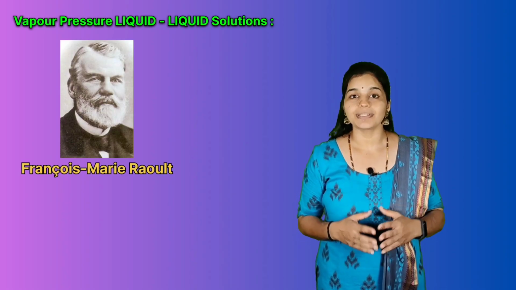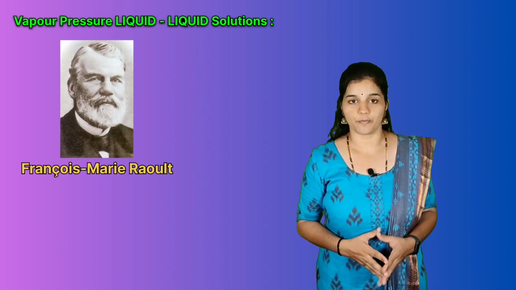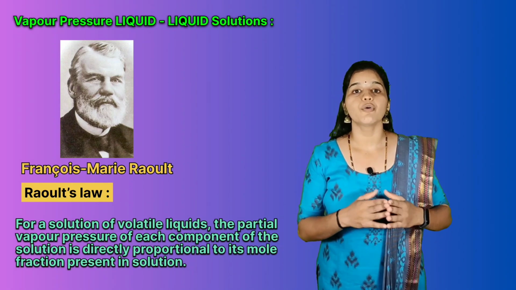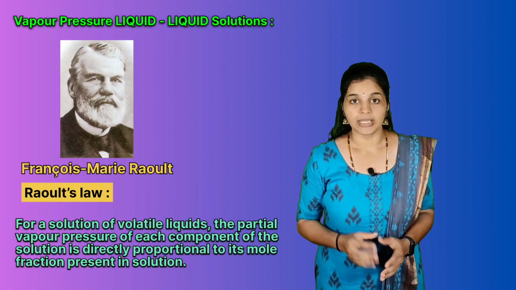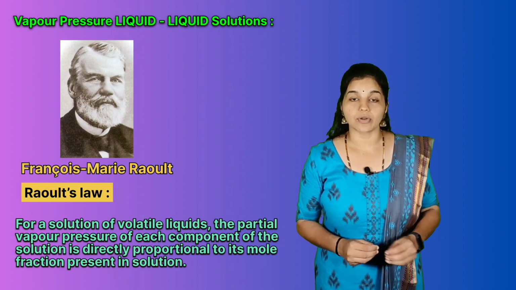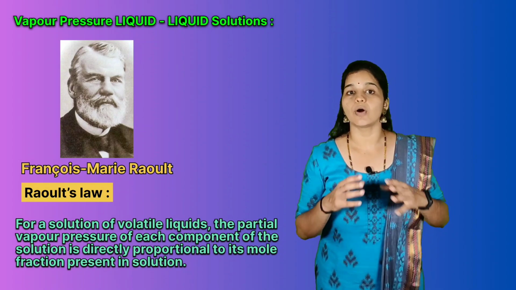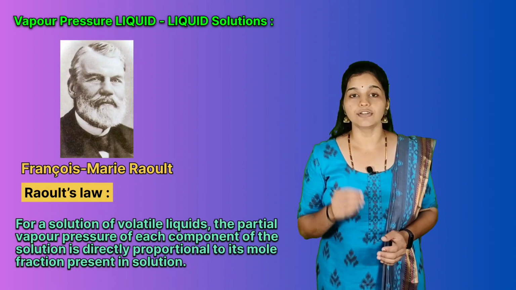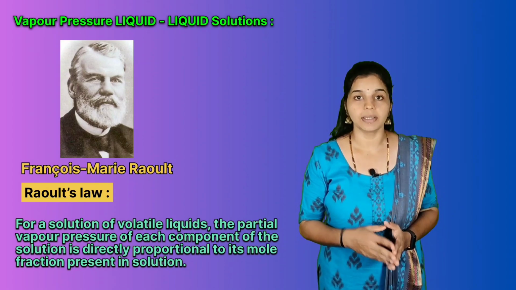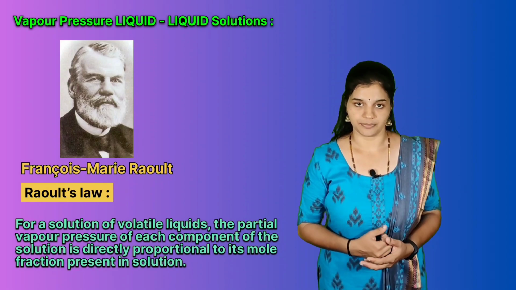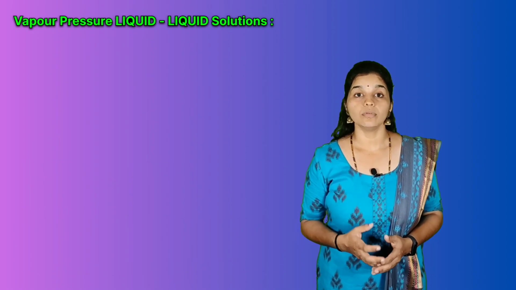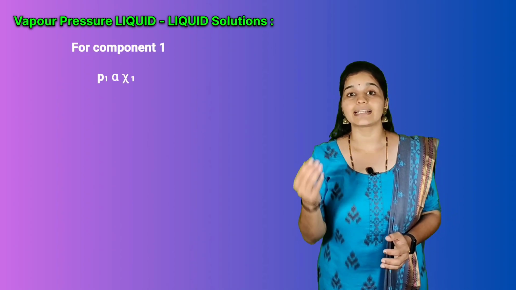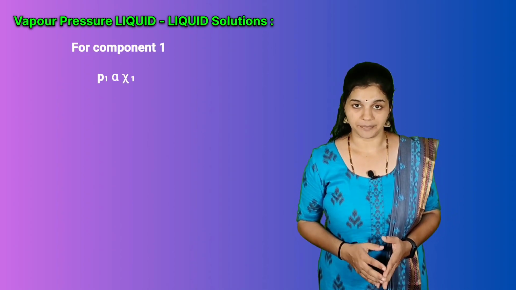The relationship is known as Raoult's law, which states that for a solution of volatile liquids, the partial vapor pressure of each component of the solution is directly proportional to its mole fraction present in solution. So, for component 1, P1 is directly proportional to chi1.